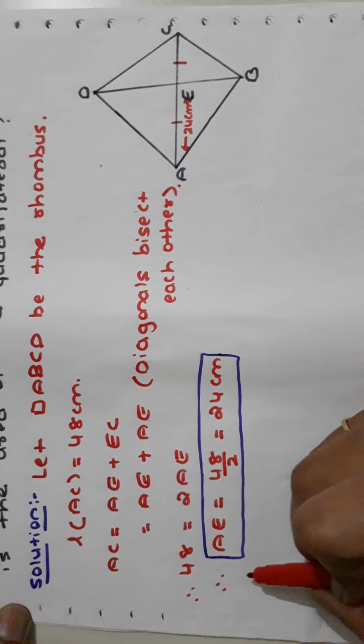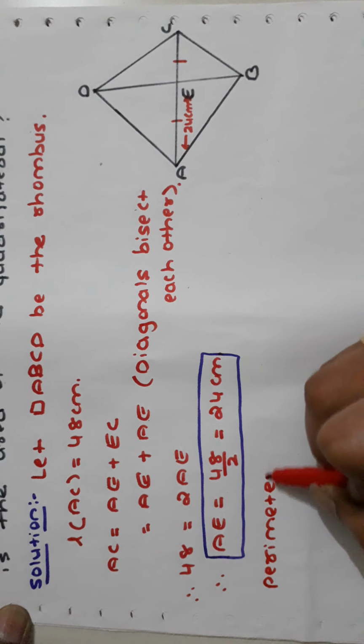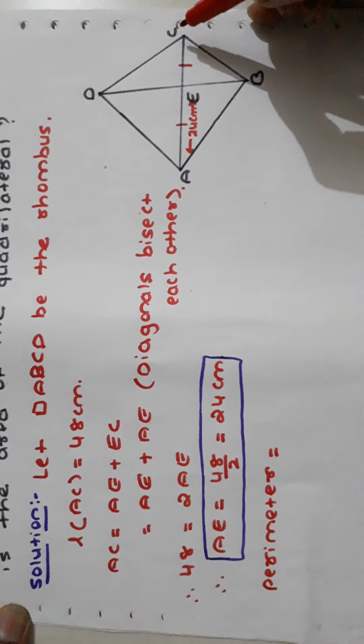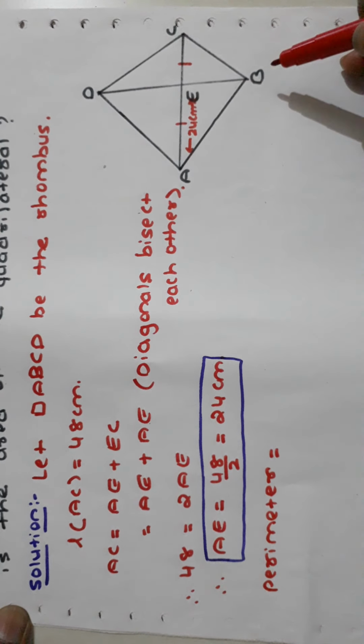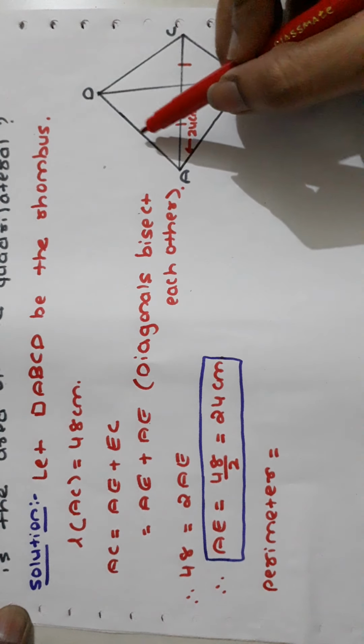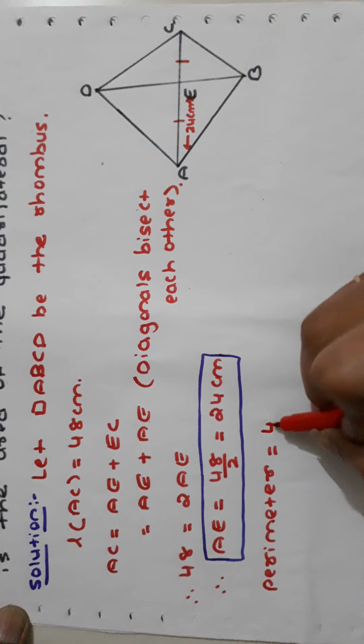Also perimeter is given. Perimeter of a rhombus is AD plus DC plus BC plus AB. But since all the four sides are equal, we can say that perimeter is equal to 4 times AD.